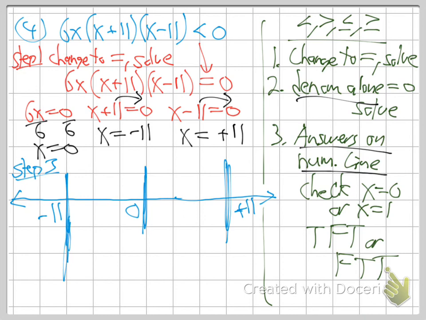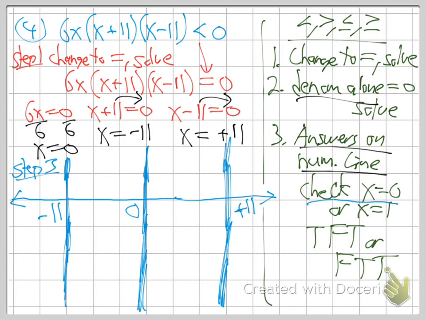And so our answers are going to go either true, false, true, or false, true, false. It's going to switch back and forth, isn't it? So we've got to figure out which one. How do we do it?